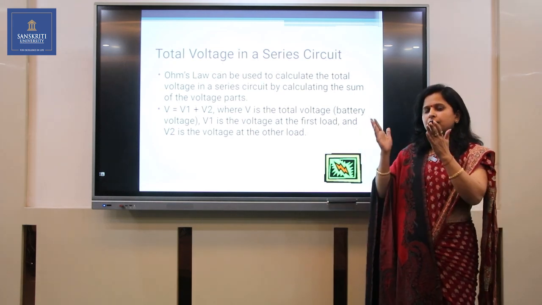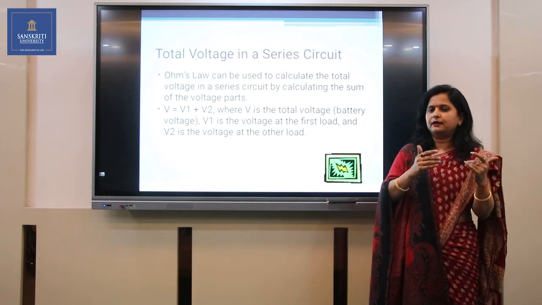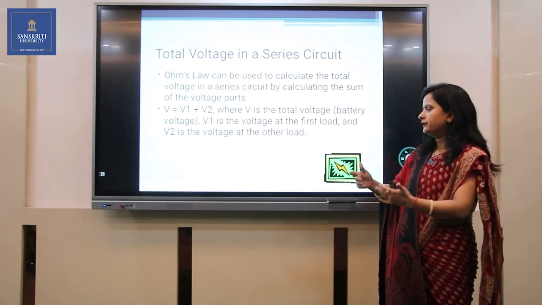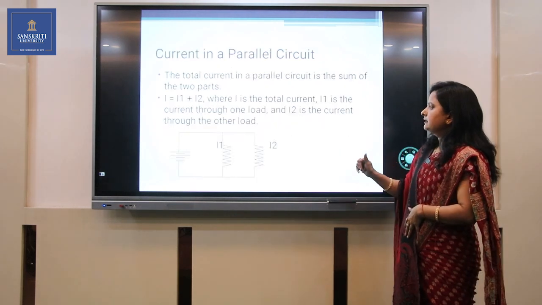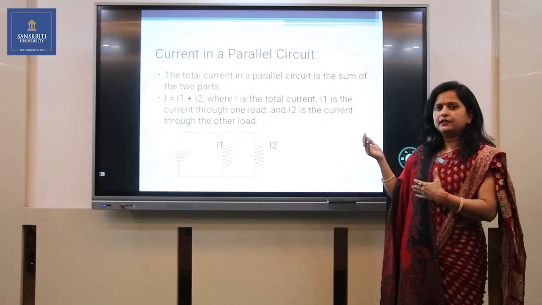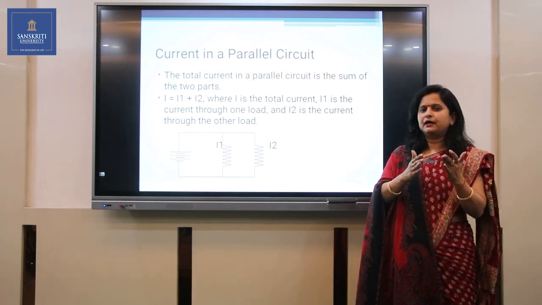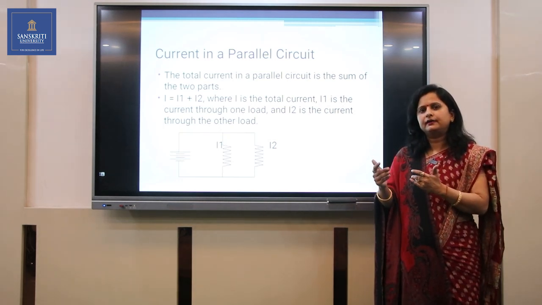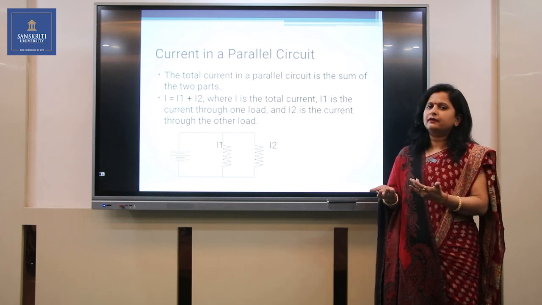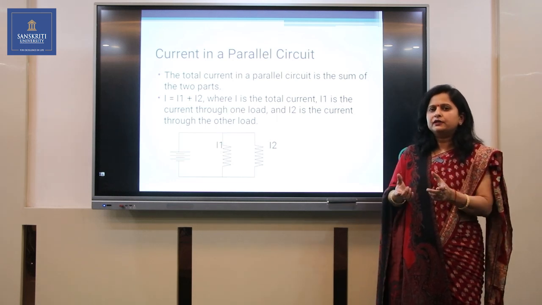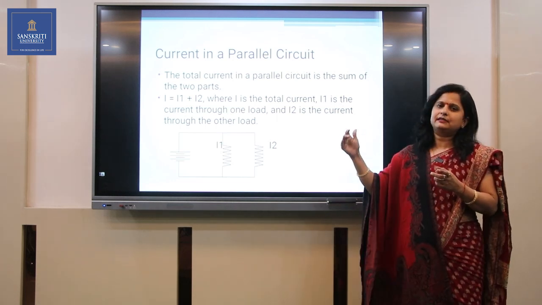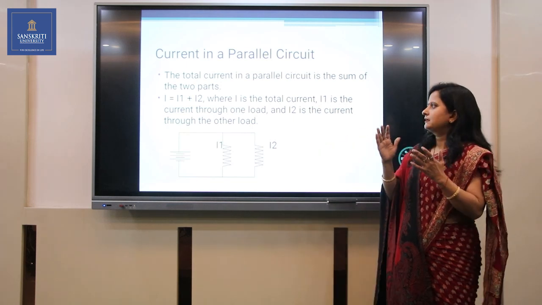If you have voltage sources in a circuit and different voltage drops across different resistors, then we can calculate the equivalent voltage by Kirchhoff's voltage law, sigma E equals sigma IR. IR is the voltage drop across all the resistances connected in the same circuit.